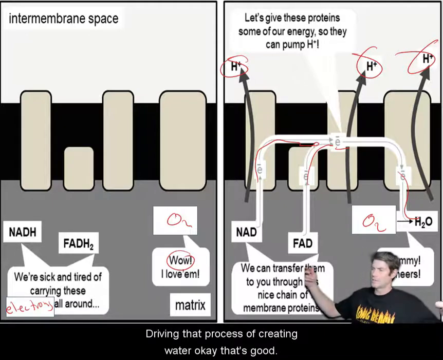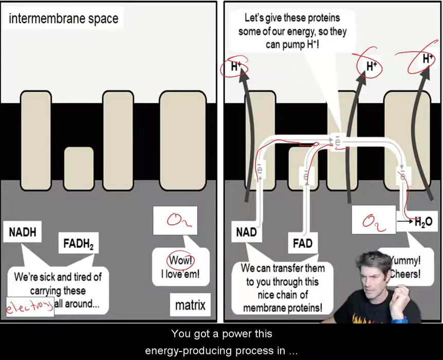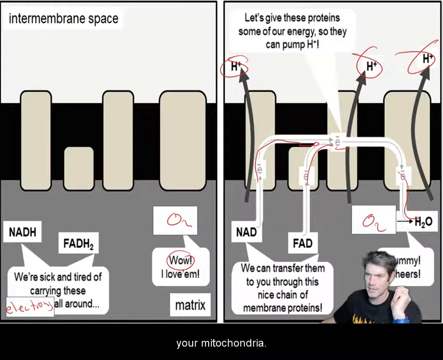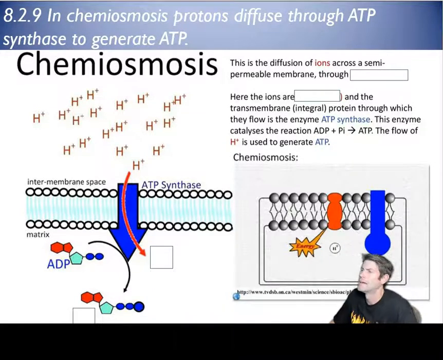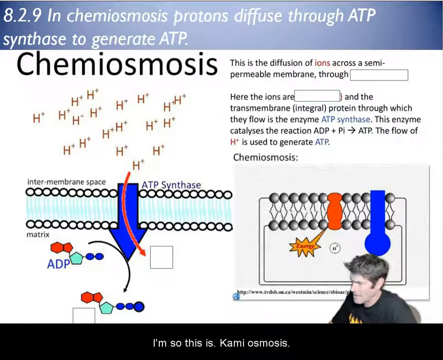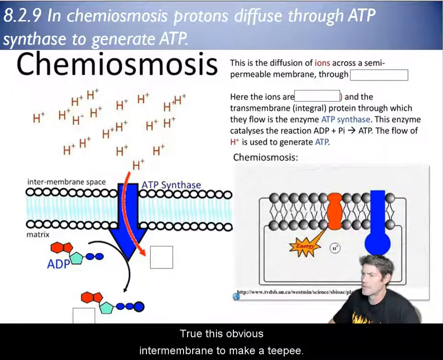Okay, that's good. That's why you need to breathe. You got to power this energy producing process in your mitochondria. Final electron acceptor. So this is about chemiosmosis, protons diffusing back through this inner membrane to make ATP.